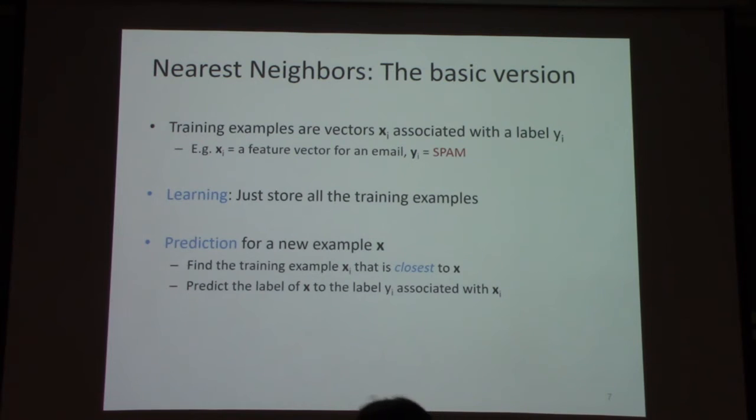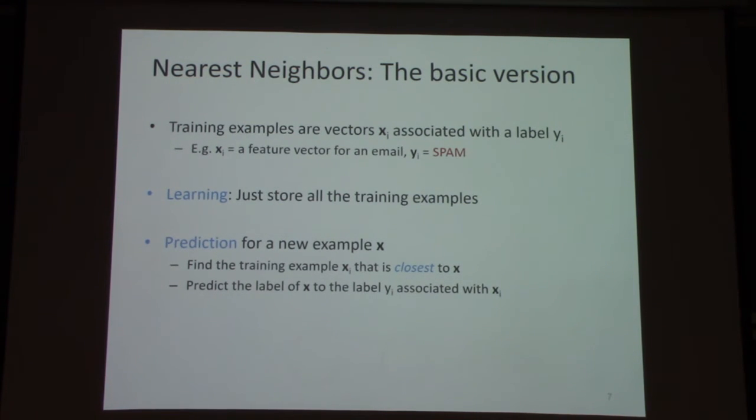The learning just involves storing the data in a way that you can easily access, unless you want to be particularly clever about it. Prediction is the following. When you see a new example, you go over the entire training set, you find the point in the training set that is closest to the test point, and you return the label of that point.